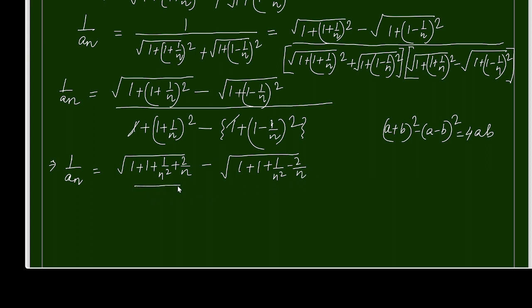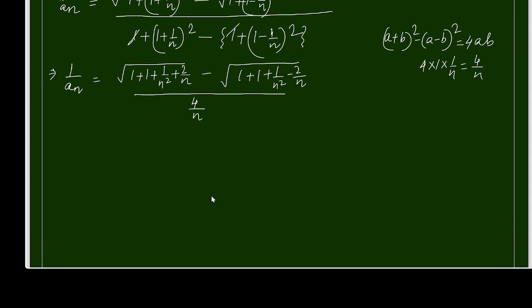And the denominator is now how much? 4 into a into b, 4 into 1 into 1 by n. This will be 4 by n. Or you may simplify this to get this one, 4 by n. So this n can be taken to the numerator. So this implies that 1 over an is equal to n by 4. And here I am simplifying, 1 plus 1 is 2.